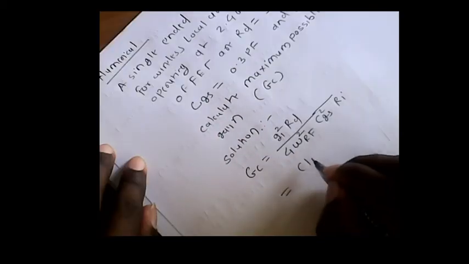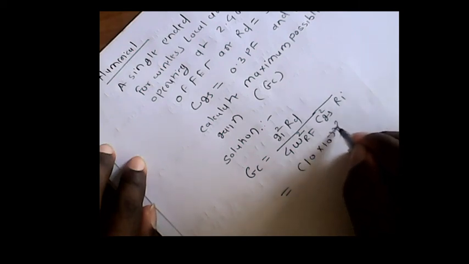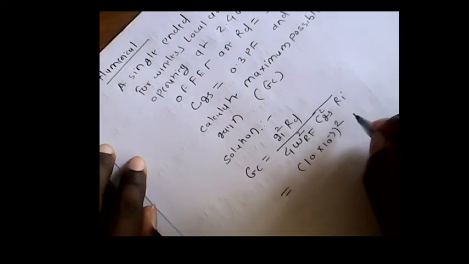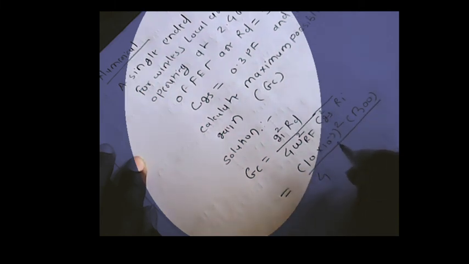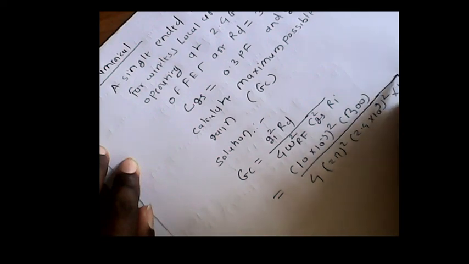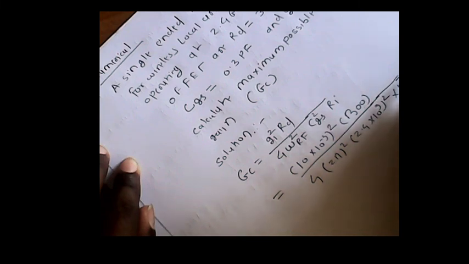G1 value 10 millisiemens, 10 to the power minus 3, bracket square, drain resistance value 300 ohm, divided by 4 into frequency, 2 pi square, 2.4 times 10 to the 9 square, into 10, the value of Ri. The value of the capacitor is 0.3 times 10 to the minus 12, square.